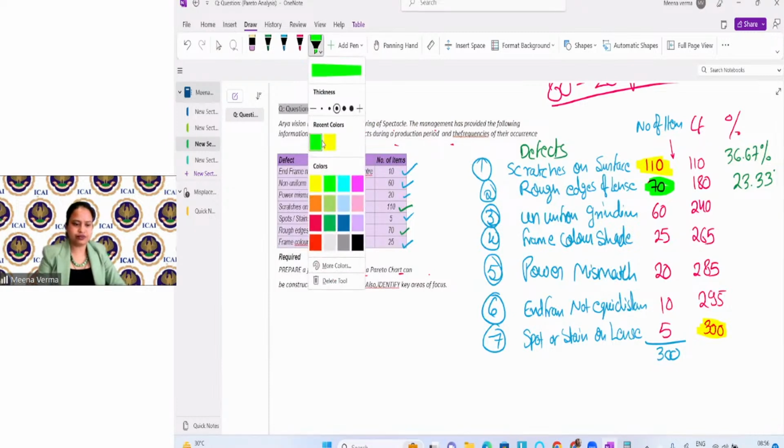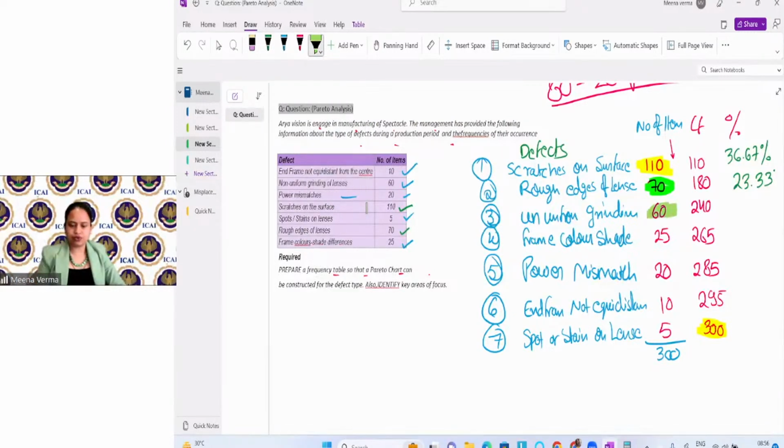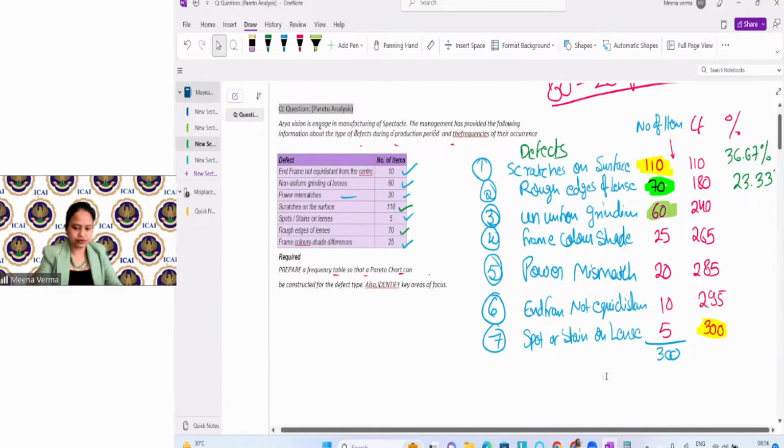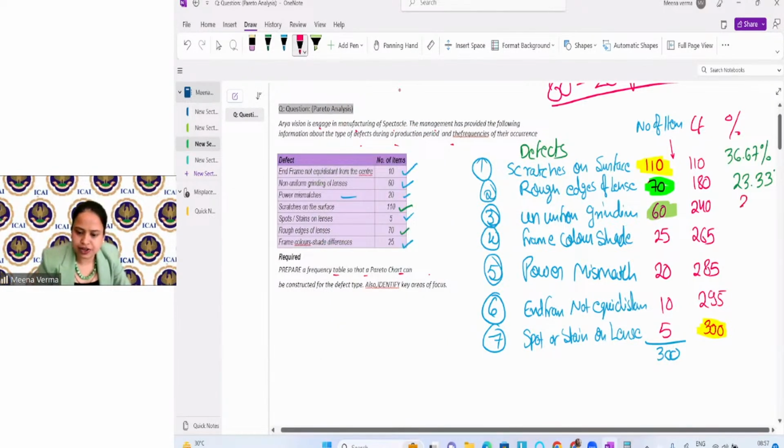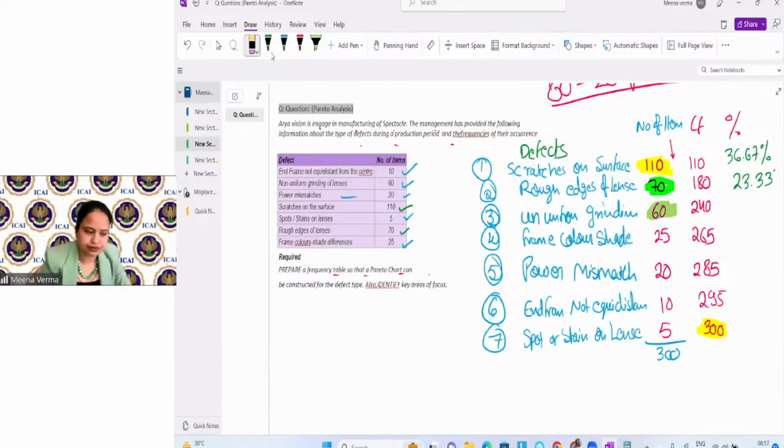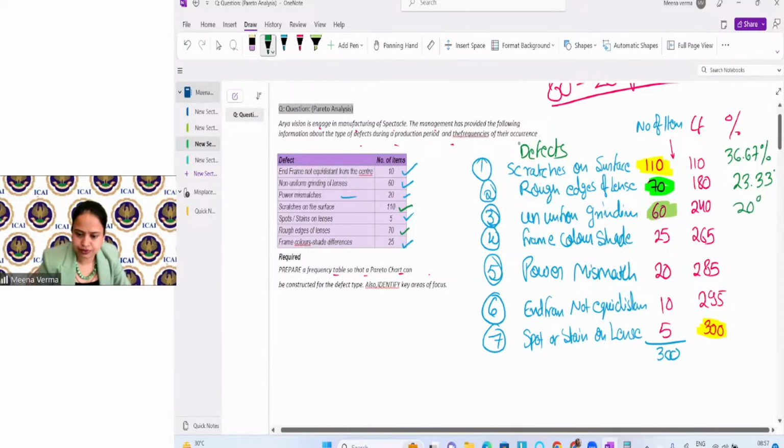After this, what we have is non-uniform grinding: 60 divided by 300. So this will be coming to 20%. Similarly, divide all the values and calculate.